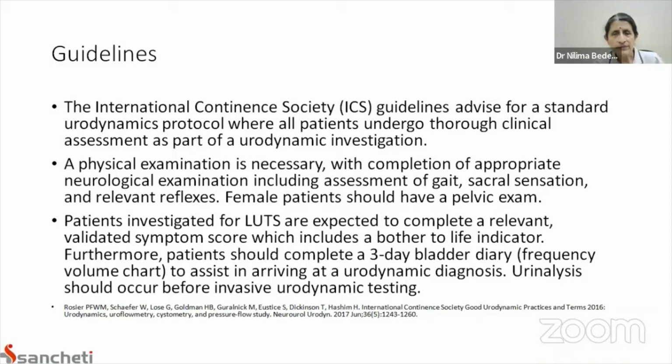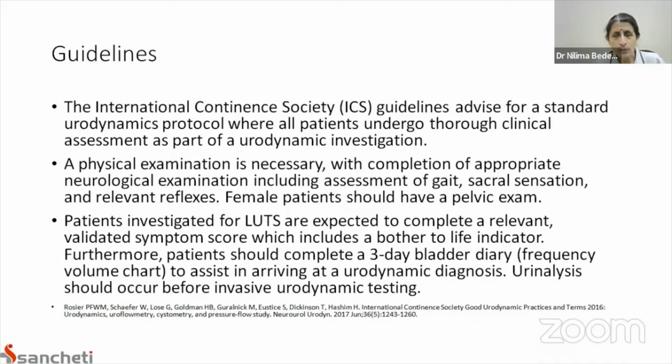Female patients should have a pelvic examination done, and patients investigated for lower urinary tract problems are expected to complete a relevant validated symptom score, which includes a bother indicator or a quality of life assessment, a functional assessment, and a complete 3-day bladder diary with the volume chart. Then only do they arrive at doing the urodynamic test.